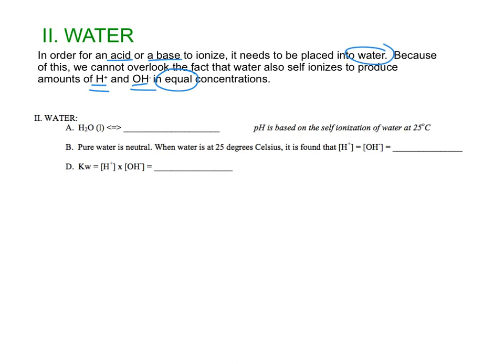And so if we had to write that out, water dissociates into hydrogen ions and hydroxide ions, and we'll put their state of matter, which is aqueous. So water is neutral at 25 degrees Celsius, and it has been found that the concentrations of hydrogen and hydroxide are 1 times 10 to the negative 7th molarity.